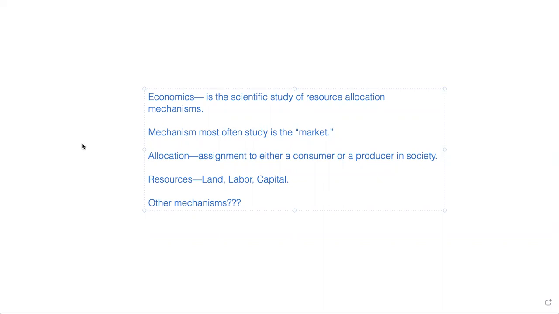So I have a research obligation, and that's the reason why from time to time I publish a research paper, or other people write books and things like that. We're supposed to be advancing the field of economics, uncovering new ideas about how resource mechanisms operate.